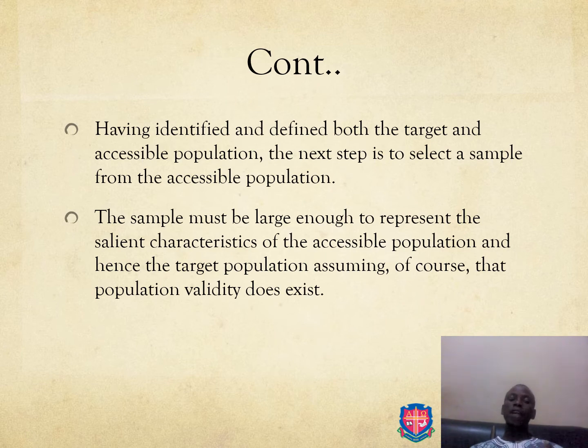After you've identified the target population and the population you can access, the next thing is to select a sample from the accessible population, because of several reasons like time, finances, etc. At times you find yourself in a situation whereby you can't study the entire population, but rather you can pick part of the population, study it, and then draw conclusions on the entire population.